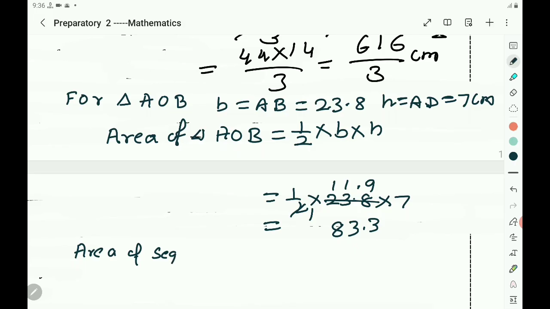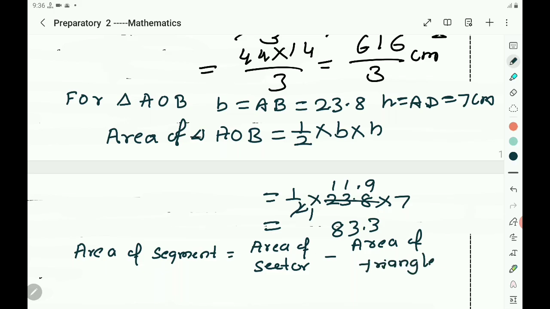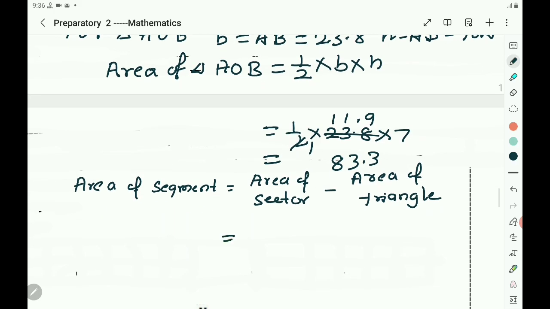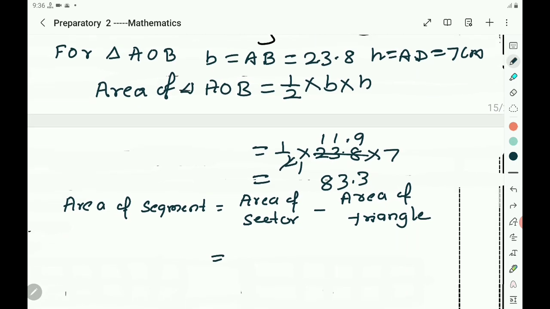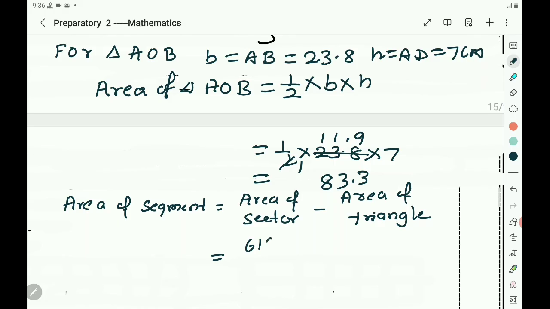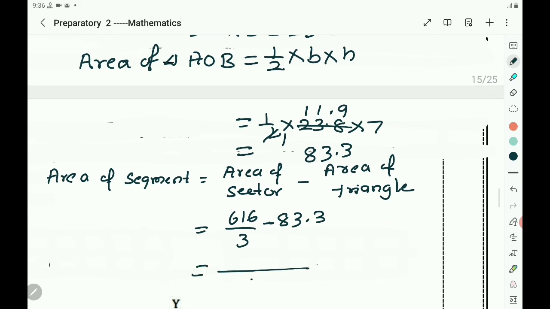Now area of segment equals area of sector minus area of triangle. Area of sector is 616 by 3, minus area of triangle, which is 83.3. Then you take the LCM. LCM is 3.